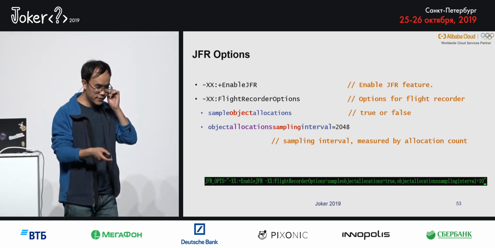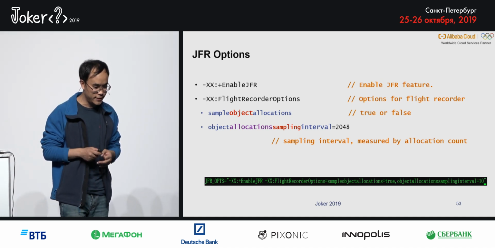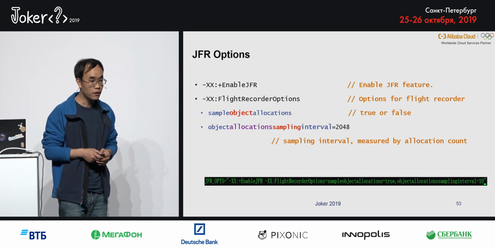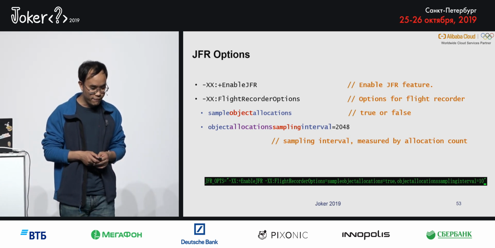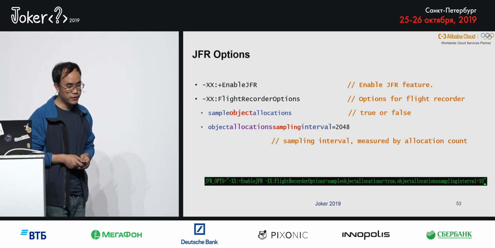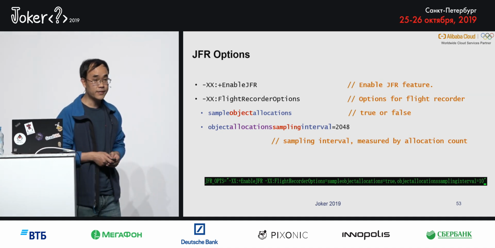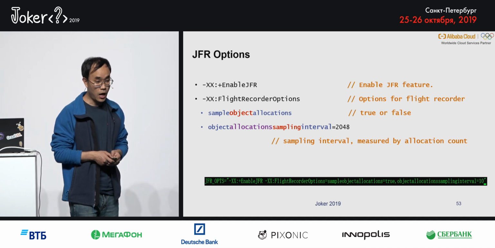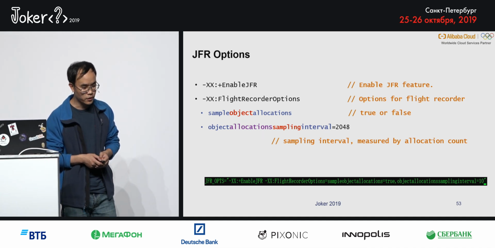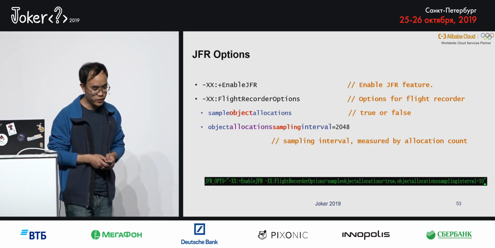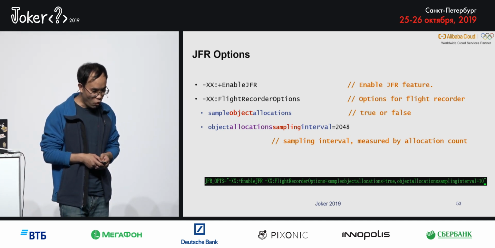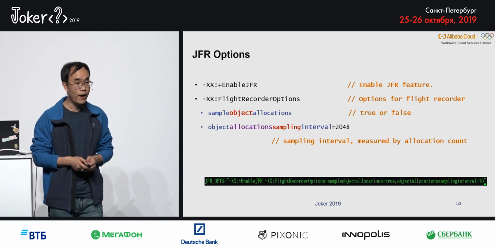These are the JVM parameters we used. The first is to enable JFR, which enables JFR features for Alibaba JDK. Then we provide 2 options for our implementation. The first is sample object allocation, whose value is true or false.